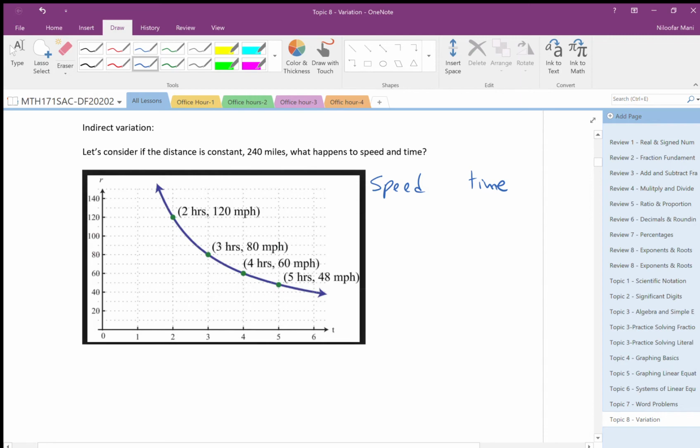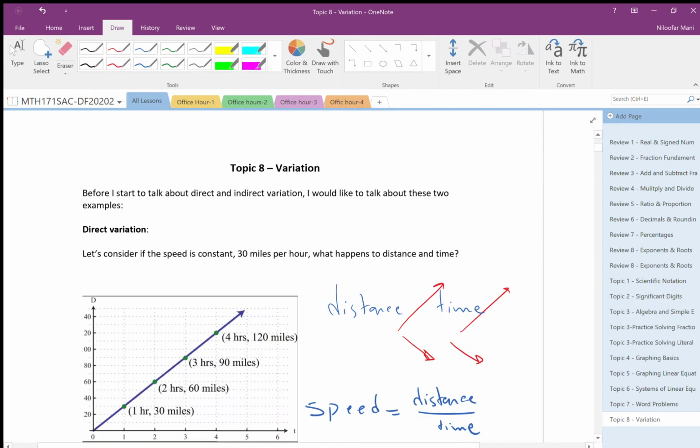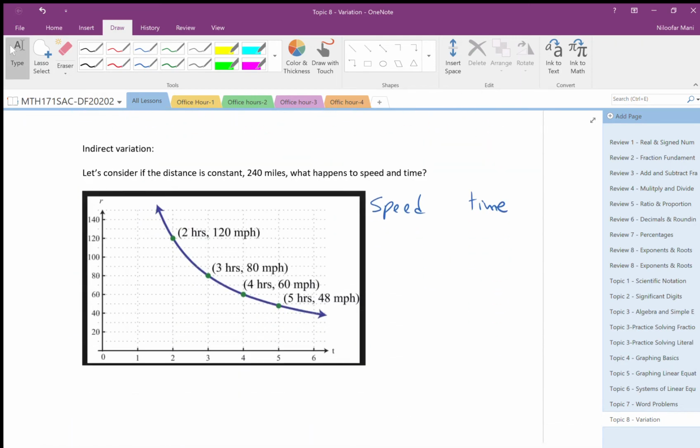Speed and time, one of them goes up. If speed goes up, of course you believe it should take less time to go the constant distance. If speed goes down, so I go slowly, I walk, I go by bike, you believe the time should go up. This is what we really understand, because it's happening every day for us.